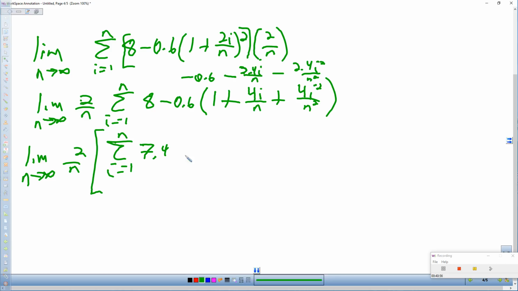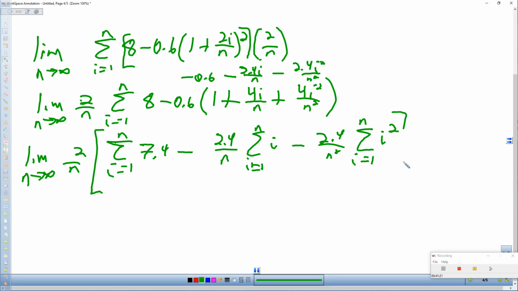That's just the constant. Then minus the sum from i equals 1 to n of 2.4 over n of i, minus 2.4 over n squared of the sum from i equals 1 to n of i squared. Why did you take the 2.4 over n out and split it?